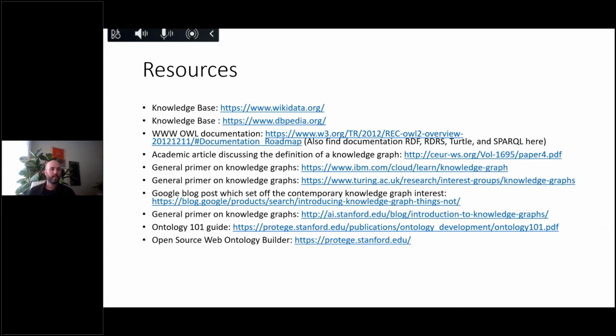You can look up documentation on the different coding languages. You can access different knowledge bases. DBpedia and Wikidata are basically semantic webs that can be utilized by different users to do research and create AI experiences. There are good primers from IBM, the Turing Institute, and Stanford that are worth checking out.